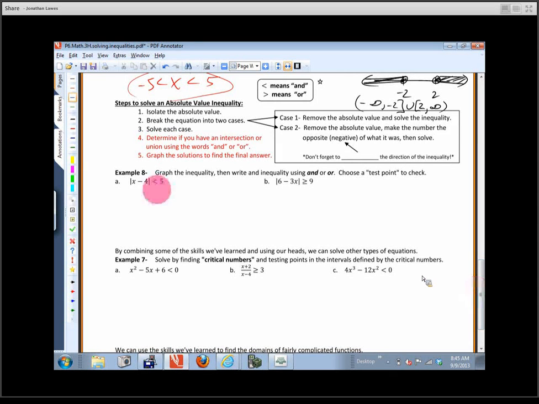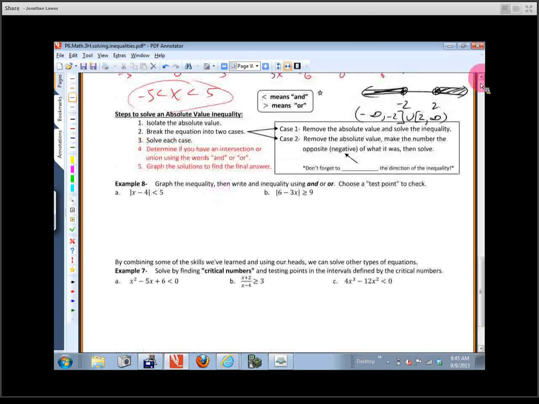Good. Okay, so I've got a little step-by-step procedure. The first couple are pretty easy, okay? You usually isolate the variable part of the expression. In this case, we're going to isolate the absolute value. So you're going to get the absolute value by itself. Okay, then you're going to break it into two different cases. Just like solving an equation, one of them is what you get when you just remove the absolute value. That's it.